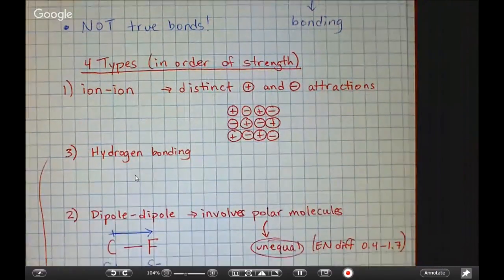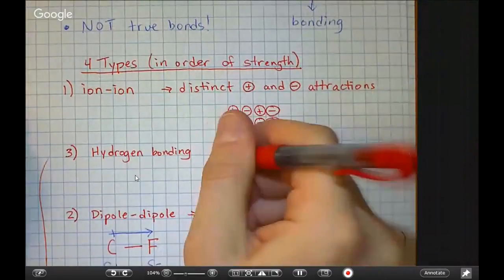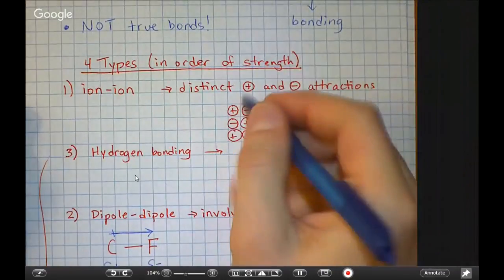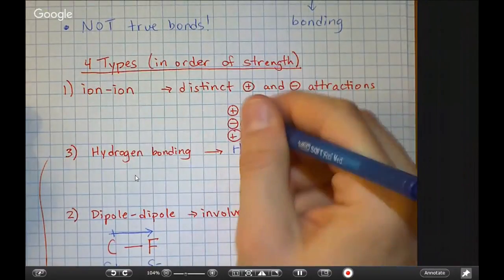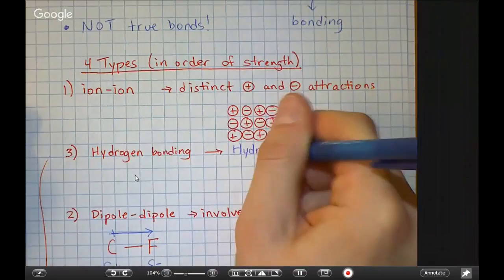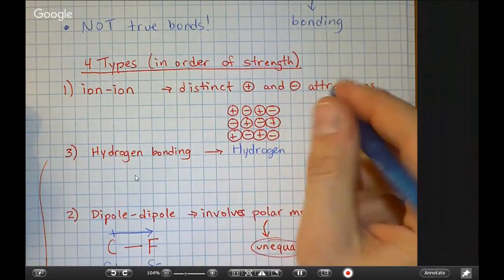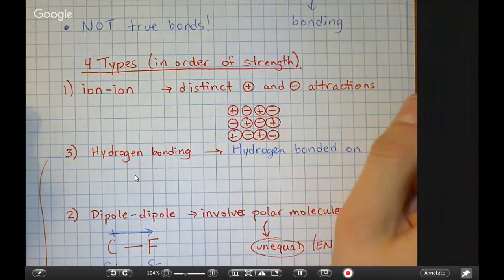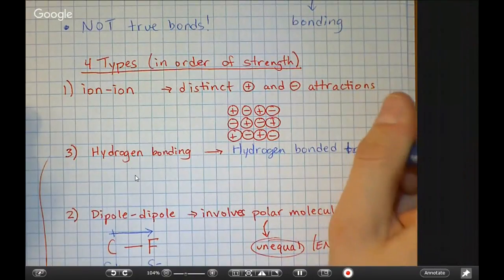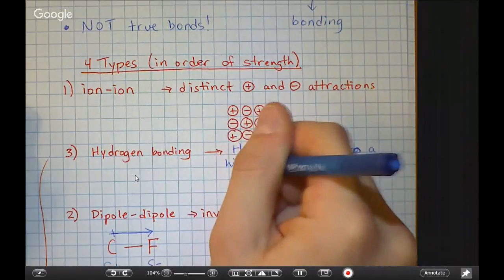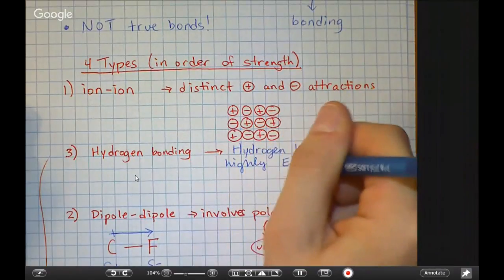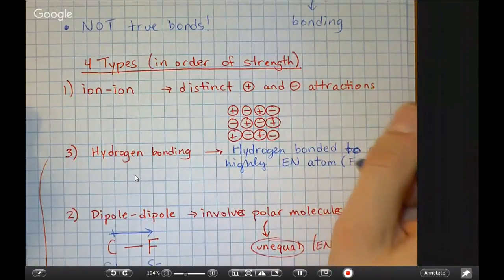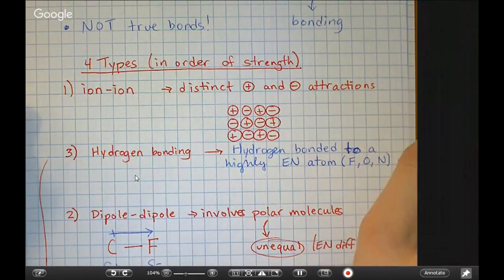So hydrogen bonding, what we say is that we have a hydrogen bonded to a highly electronegative atom, such as fluorine, oxygen, or nitrogen.